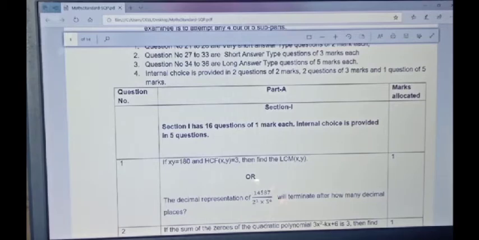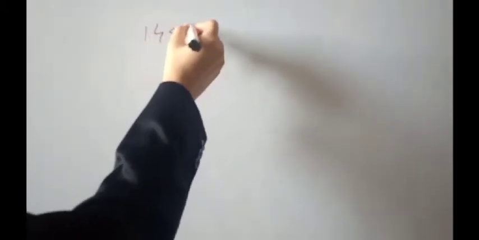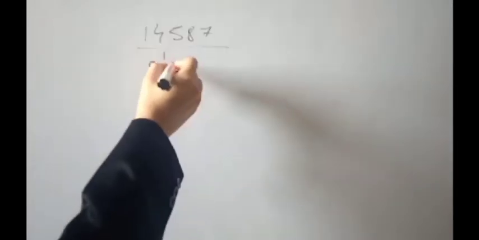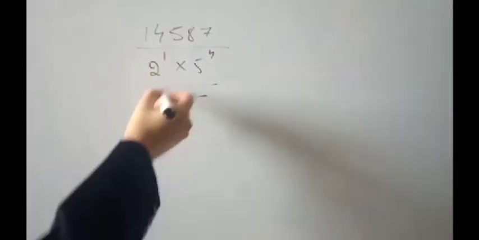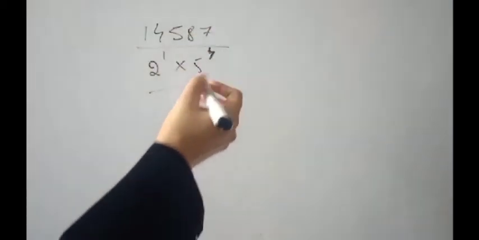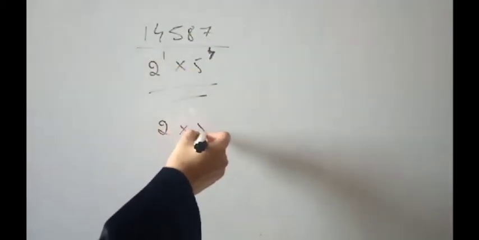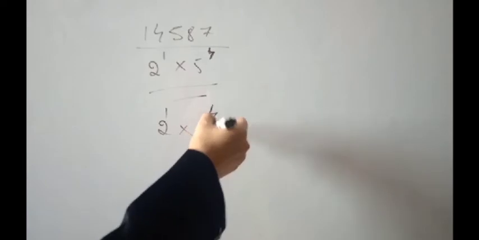The number should be divided by 2 and 5, then only can it terminate. So the given number is 14587 upon 2 to the power of 1 into 5 to the power of 4.